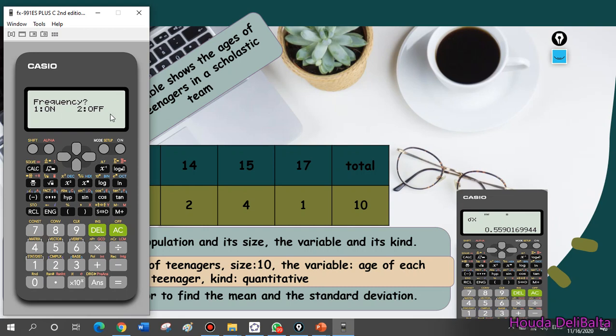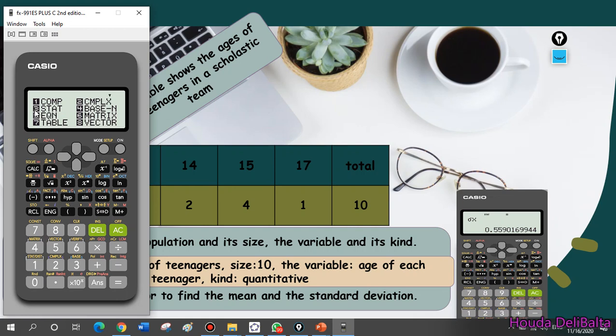So you press 4. Now the calculator asks you the frequency on or off. Of course, we need the frequency in order to introduce the data. So we press 1, that's referring to on. Now we turned on the frequency in order to enter this data. Now again, mode, we follow everything related to statistics.